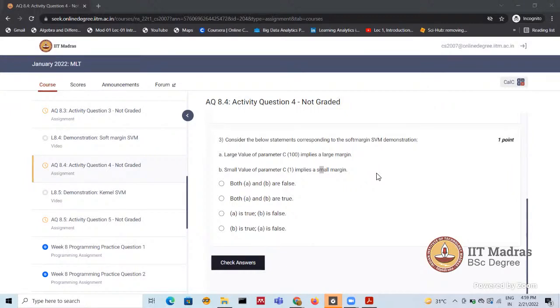Let me put it in other words so that others also understand. When the value of C is very large, these margins come very close. When the margins come close, they are avoiding misclassification.